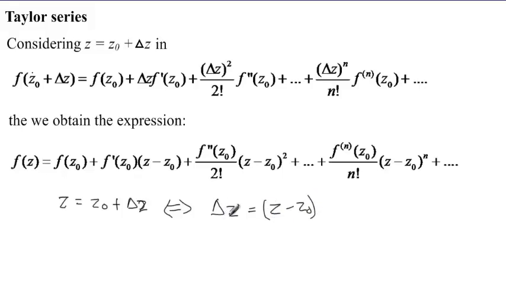Now, if we substitute this change in z by this expression, we obtain a power series like this. And a power series like this is a power series developed around the particular point or fixed point z0, and the series of this form is going to be called Taylor series expansion.